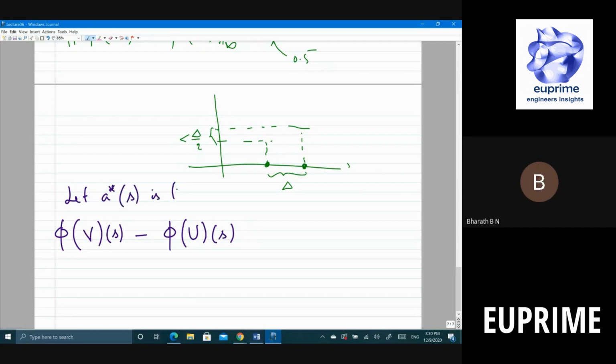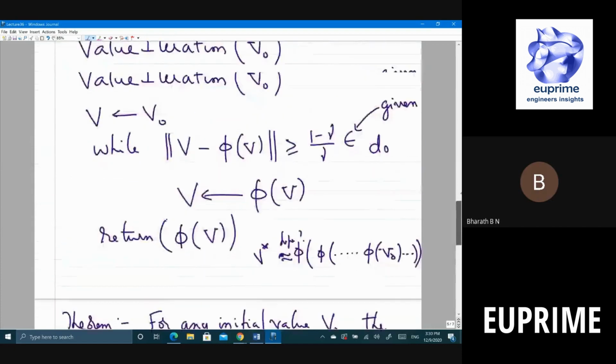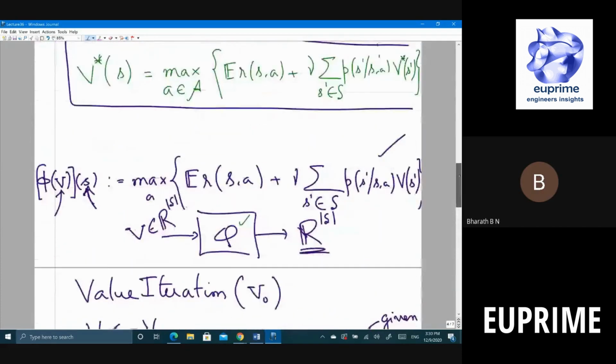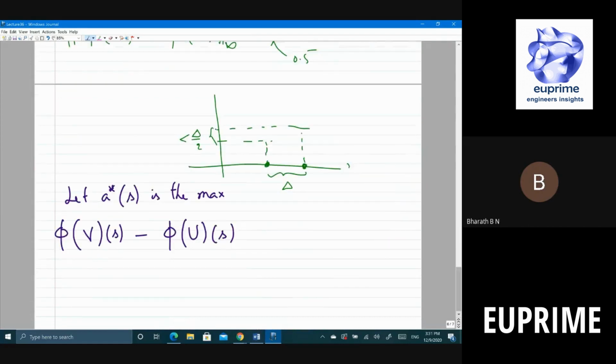If you look at the definition of phi of v of s, let's assume that if you solve this problem, the action that you get is a star of s for a state s. Is that okay?